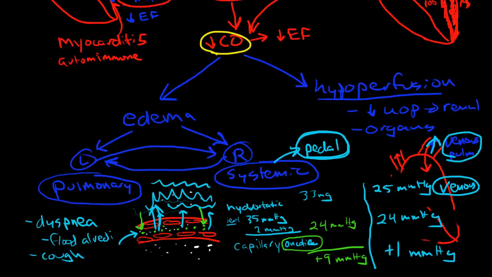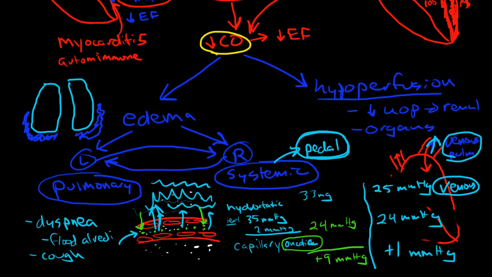The patient is going to be short of breath and cyanotic. And you may also have pleural effusions because the same process is happening in the pleural space. So you're going to end up with fluid in the pleural space around the lungs. And we'll talk about that and pulmonary edema a little bit more when we get to the pulmonary section in 2 weeks. Okay, so that is my quick overview of congestive heart failure.